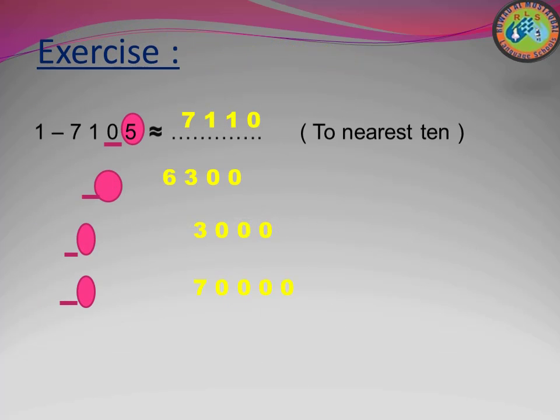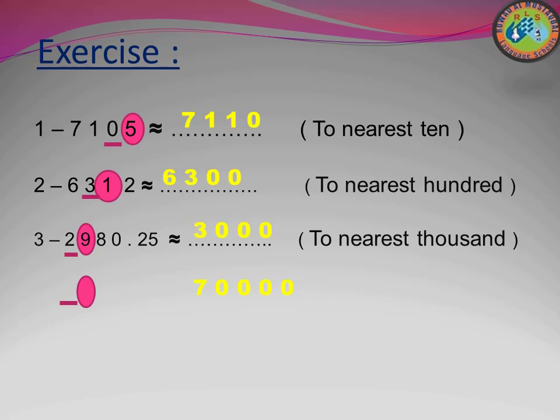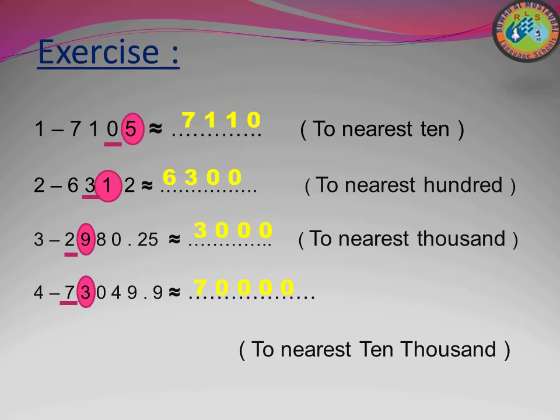More exercise. Number 1, 7,105, and I want to approximate it to the nearest tenth. Underline tenths and circle the digit before. It's a rich digit, so I will replace it with 0 and add 1 to the underlined digit. So it's approximately equal 7,110.